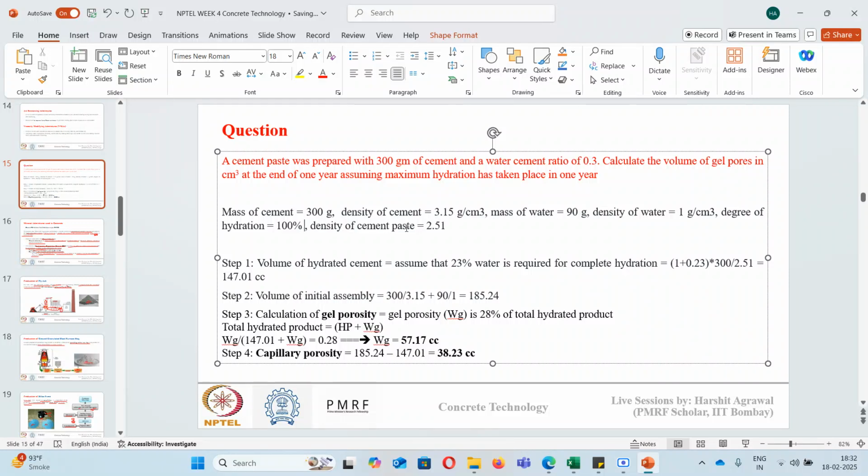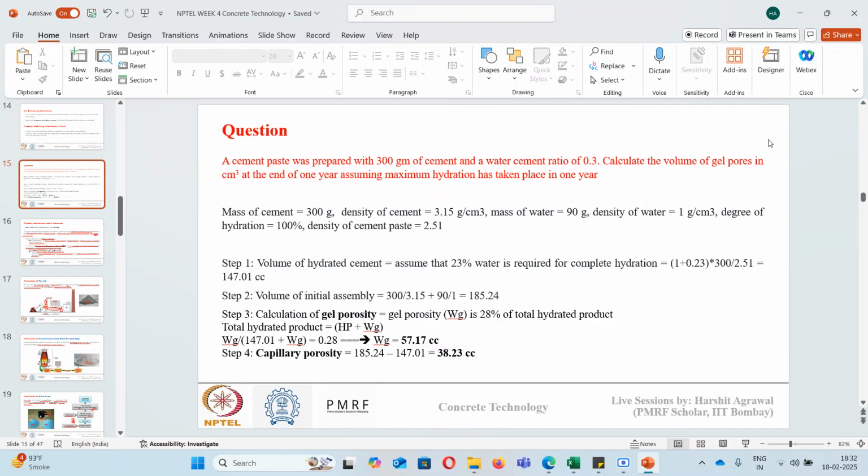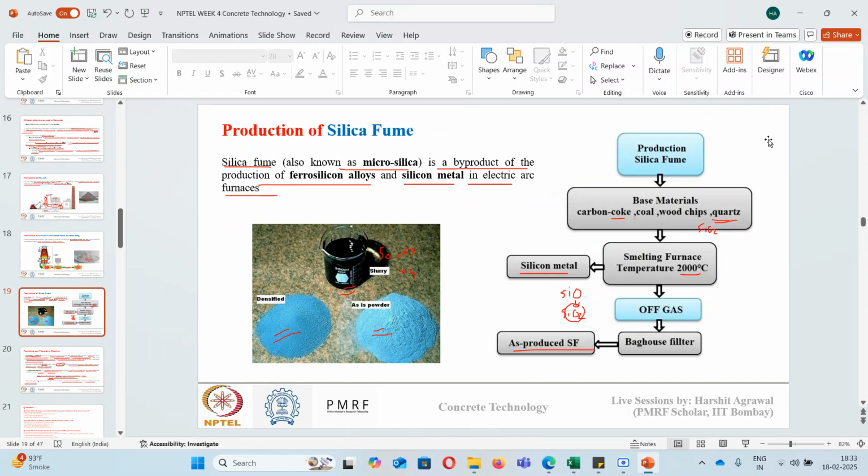Hydration in actual condition will be 90 to 95% only, even after the end of 1 year. So because of that, their value might be coming out a bit lower than 57. But you can still question them and ask for the answer key. You can say that the correct answer is coming out to be 57%, but it is showing incorrect, so please provide us the answer key. Yes, sir. Thank you.